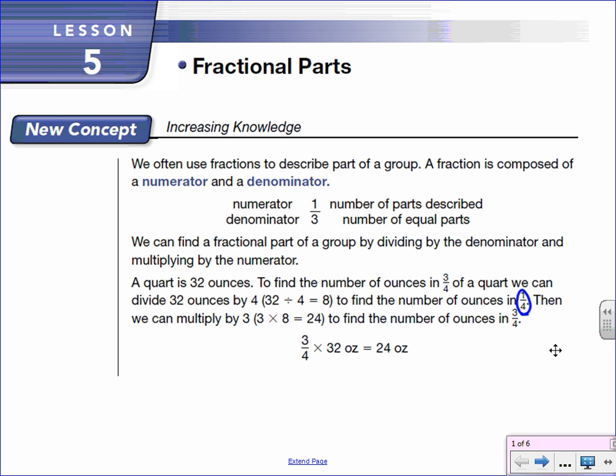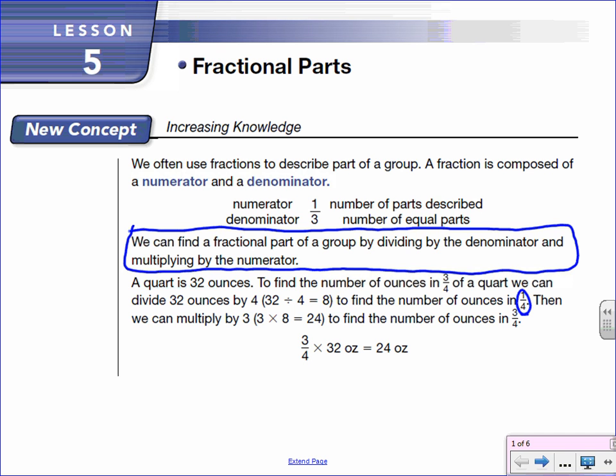So the thing to remember here is we can divide by the denominator and multiply by the numerator. So divide by the bottom, the one that's down below, divide down, and multiply by the one that's on top.